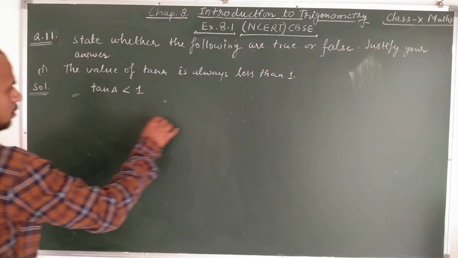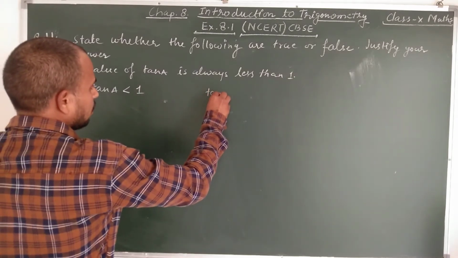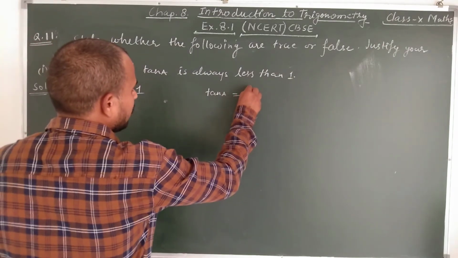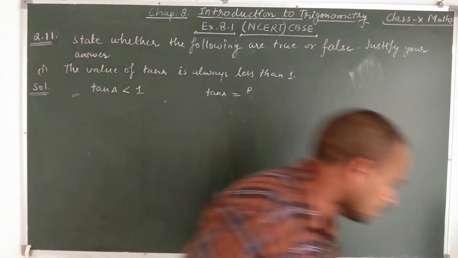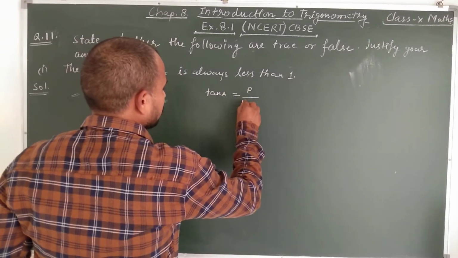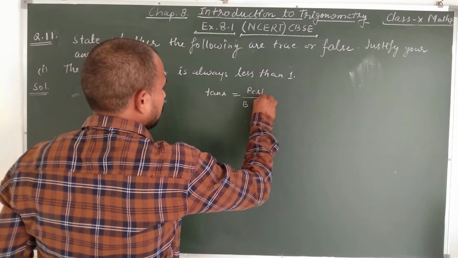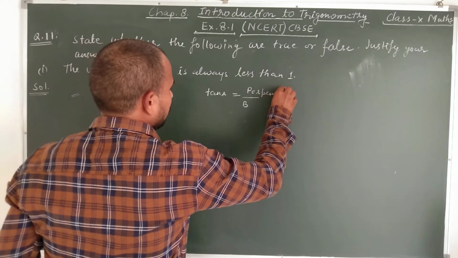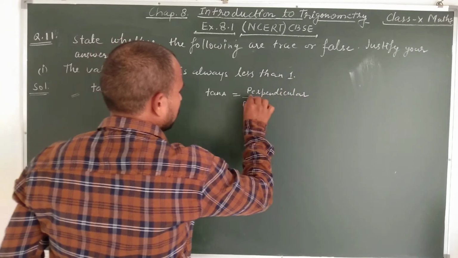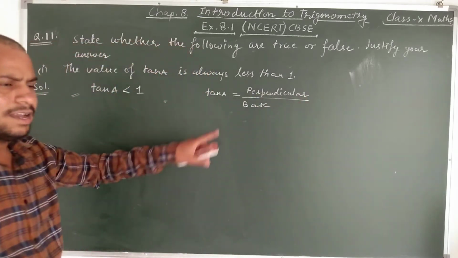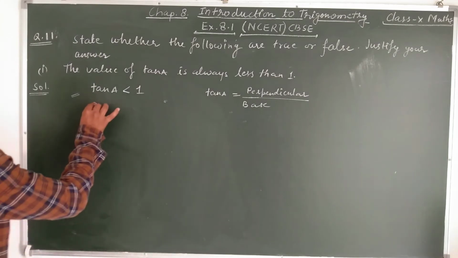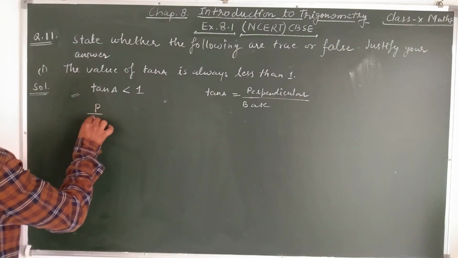Tan A means, for any angle A, the value of tan means perpendicular upon base. So we have to put perpendicular upon base.